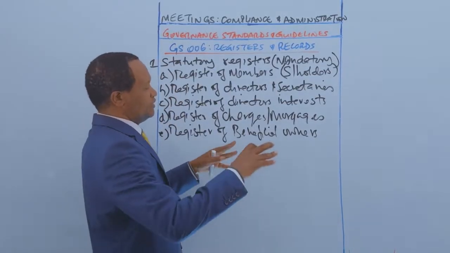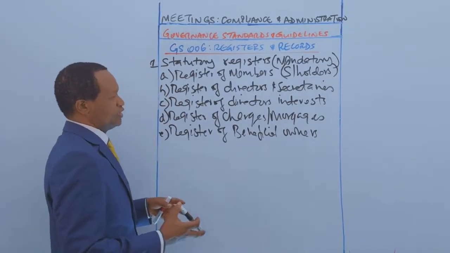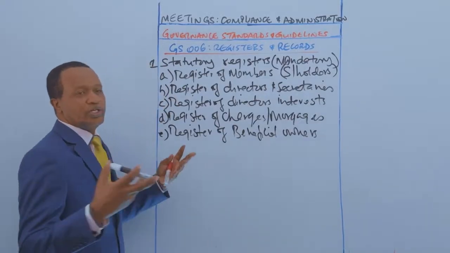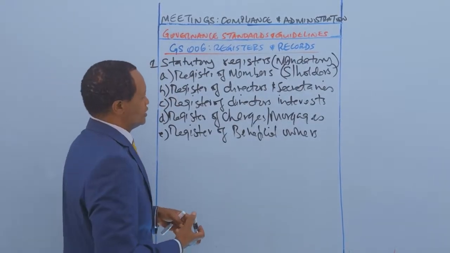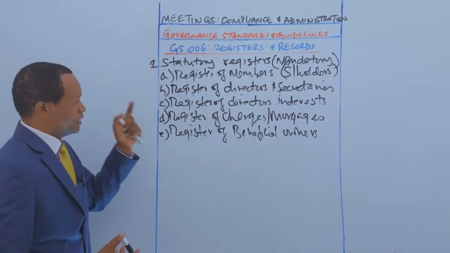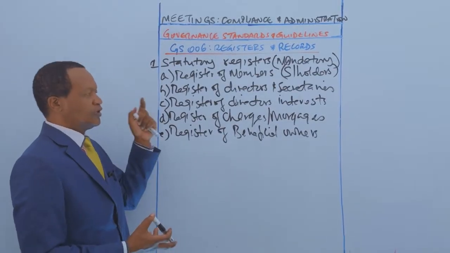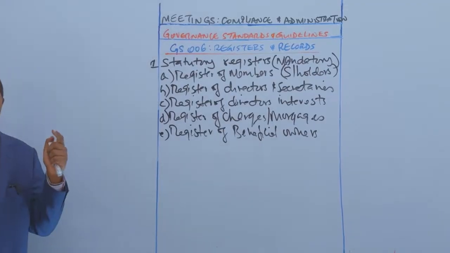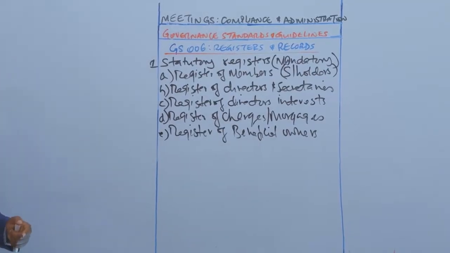They could be owning the shares of a company through other companies, and that has to be documented in the register of beneficial owners.